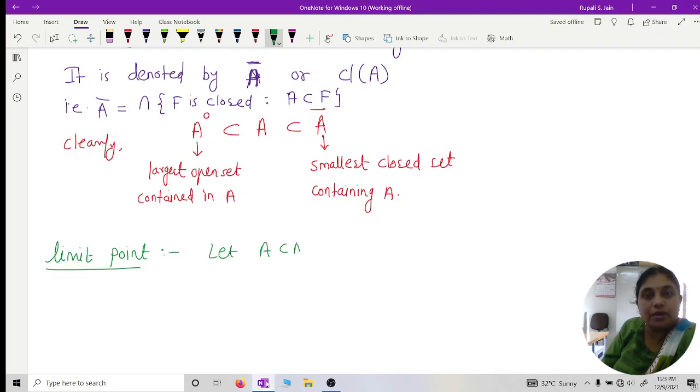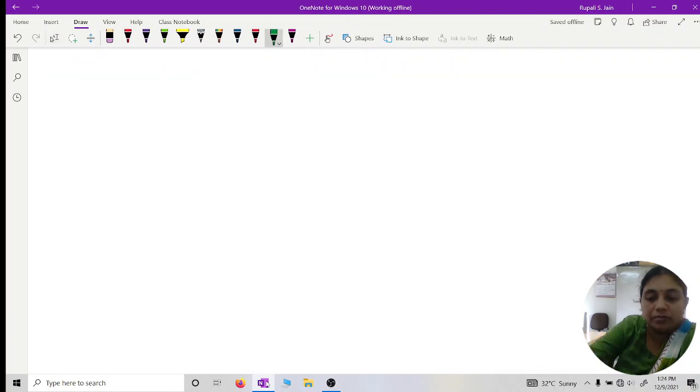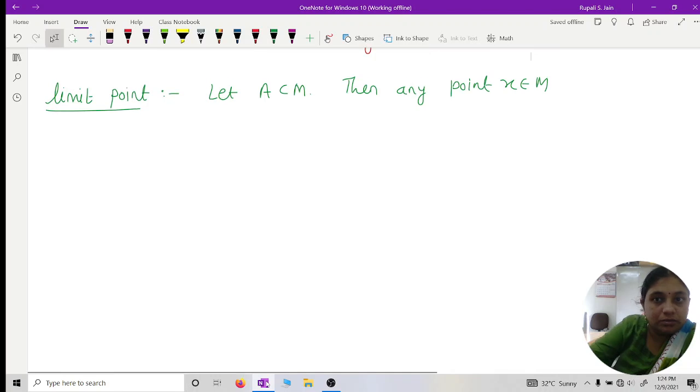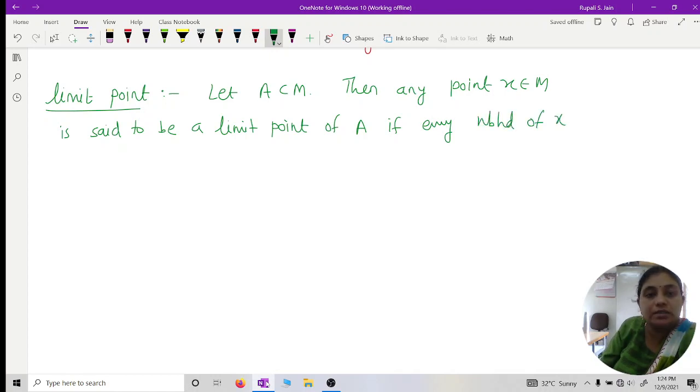Let A be a subset of M. Then any point x belonging to M is said to be a limit point of A if every neighborhood of x contains a point of A other than x.